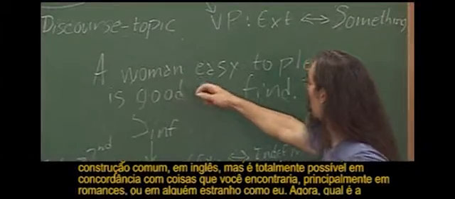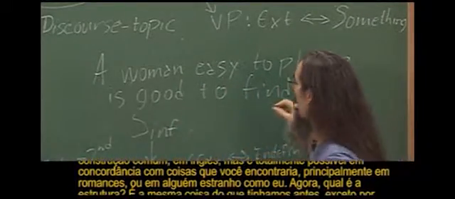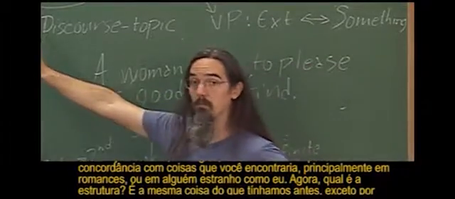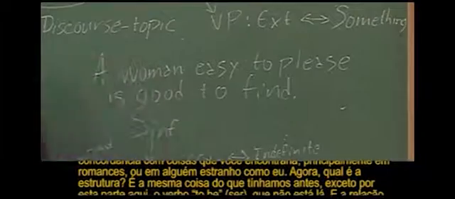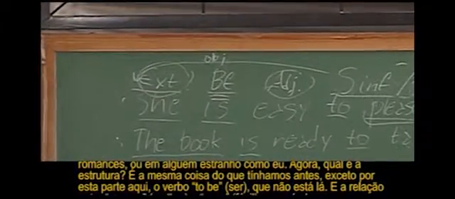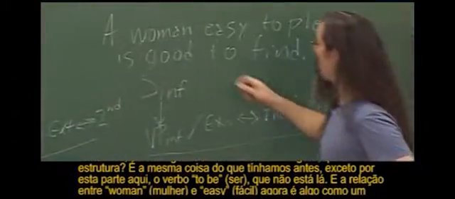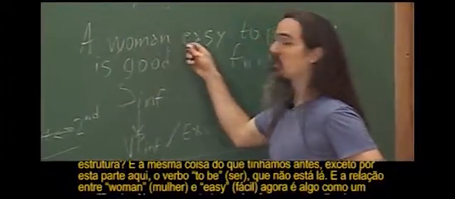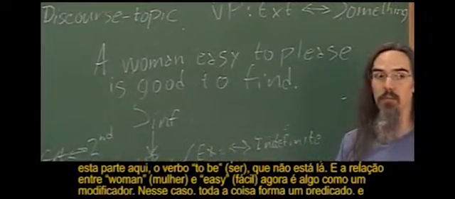Now what's the structure? It's just the same as what we had before, except that this part, the verb to be, is not there. And the relationship between woman and easy is now one of a modifier, right?